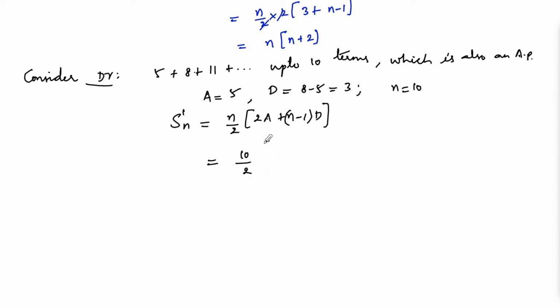So 10 upon 2 times 2 times 5 plus 10 minus 1 times d is 3.